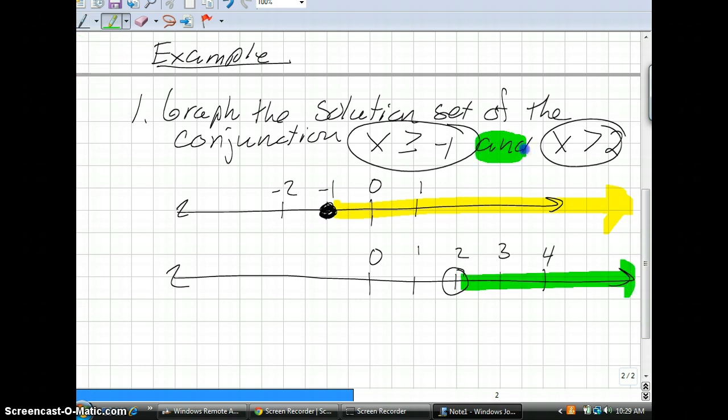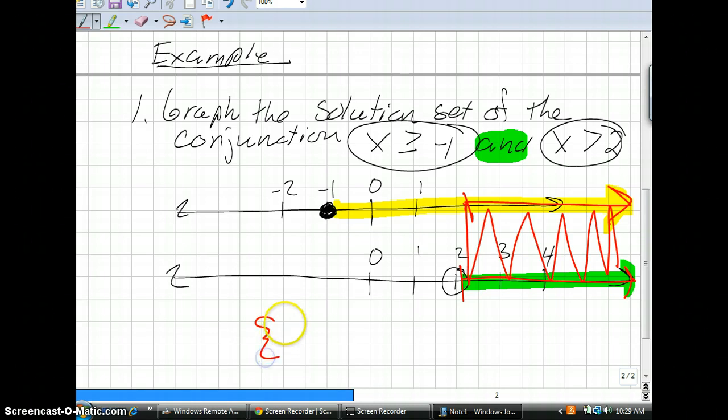Now this is an and statement, so the solution is only where both of them are true. Right in here, that's where they're both true, because from here over it's true for the yellow, from here over it's true for the green. So my solution set is all x such that x is greater than 2.